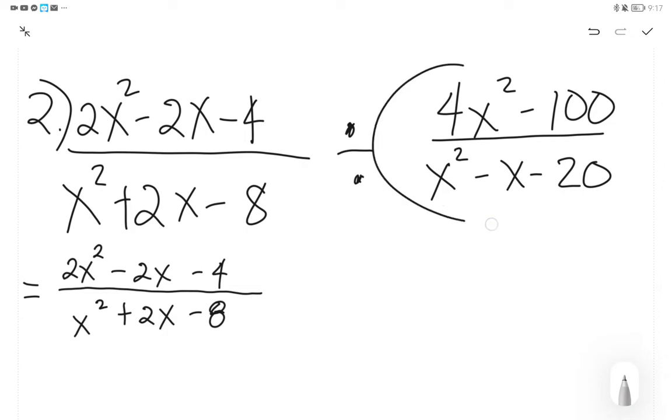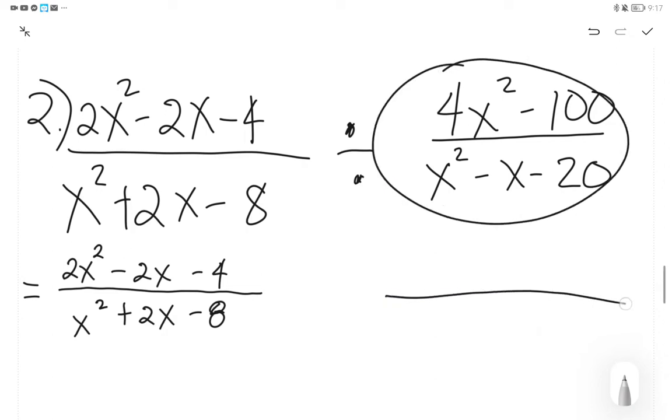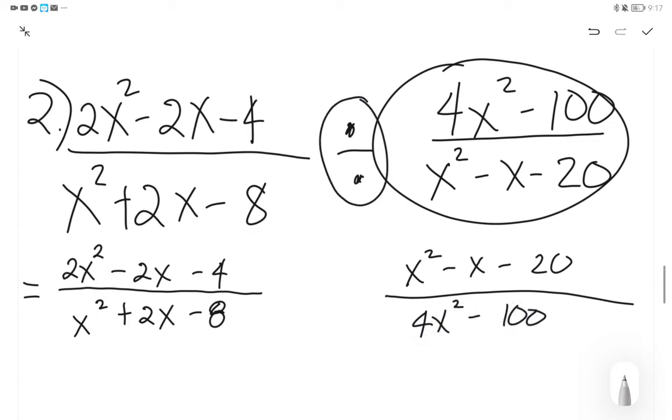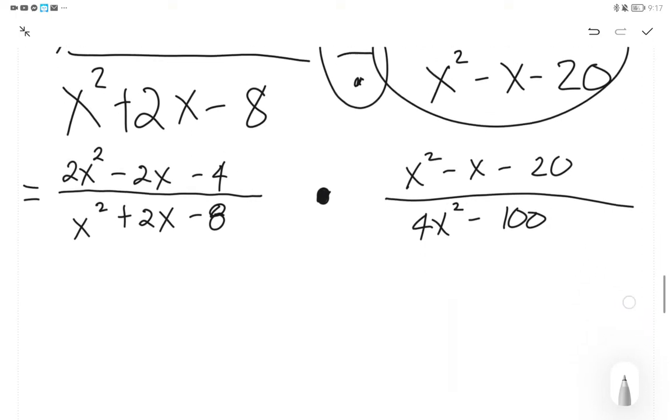Okay, this is our divisor. Paon na to yung reciprocal. That becomes x squared minus x minus 20 over 4x squared minus 100. Now, si division symbol, sa next step, mahimo siyang multiplication symbol.